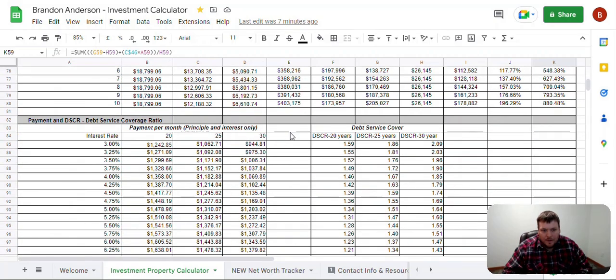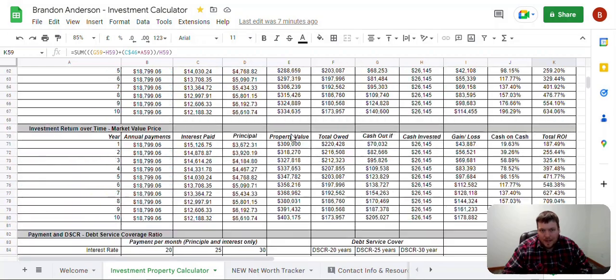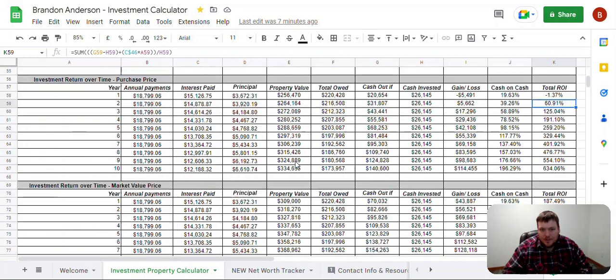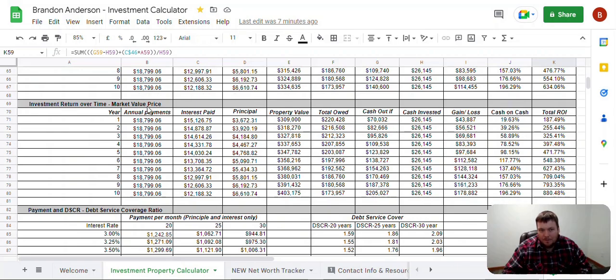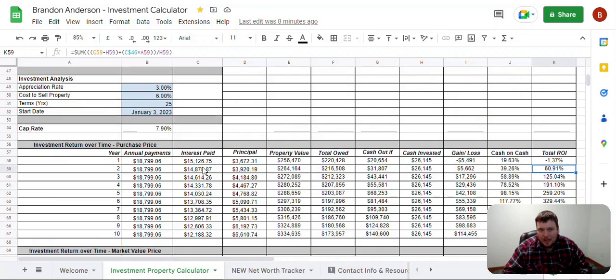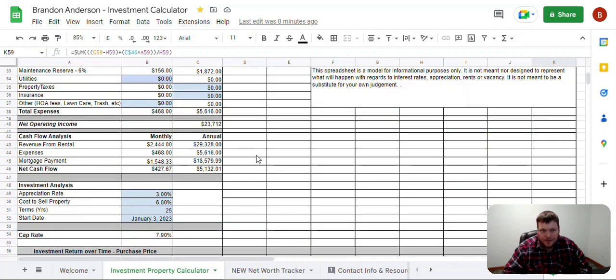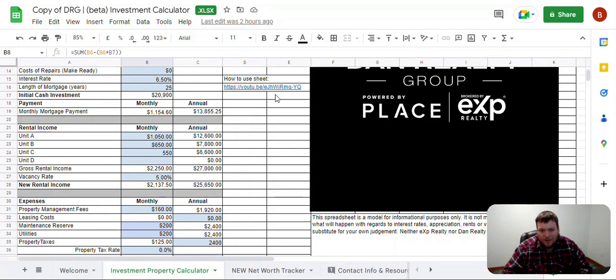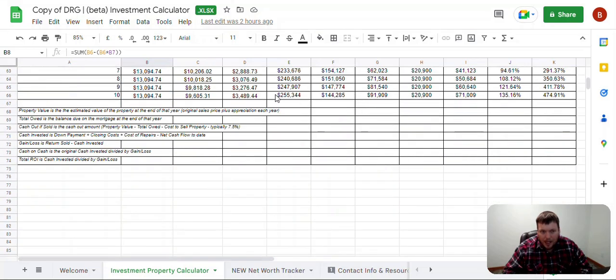I was going to show you the difference, so Dan or I can send these calculators to people if they want them. Mine has the market value price and all of this stuff at the bottom, and I'll probably send this to Dan as well so he has it. Mine also has the cap rate equation. If you go over to his, he didn't have all that, but I'm sure he'll have no problem adding it.